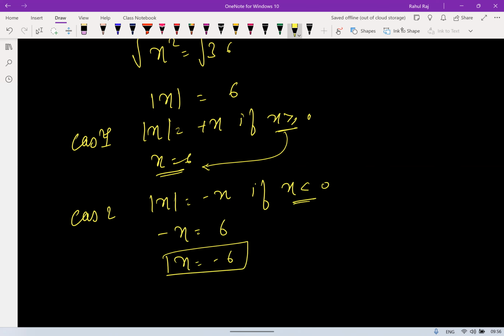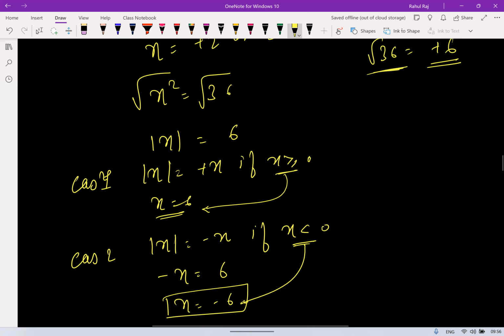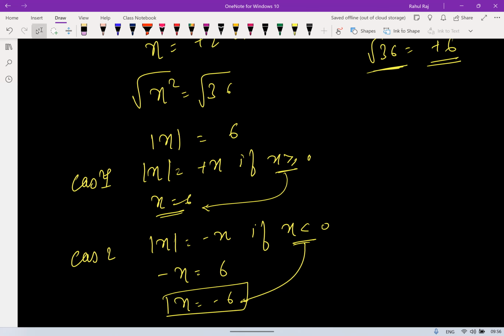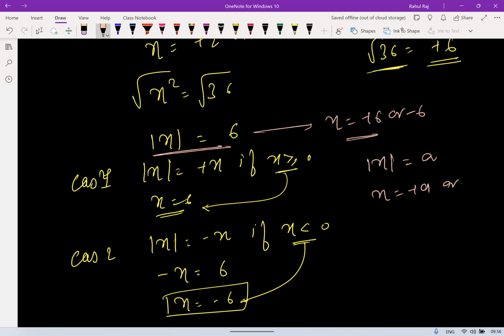So for x less than 0, x is equal to negative 6. So please ensure you don't try solving it absolutely. If you say mod x is equal to 6, you can straight away write x is equal to plus 6 or minus 6. So we can generalize this as: if mod x is equal to a, x can be equal to plus a or negative a.